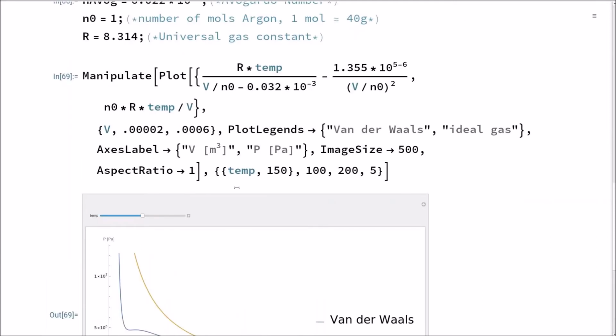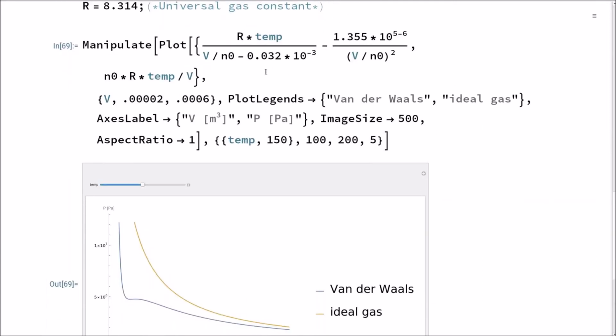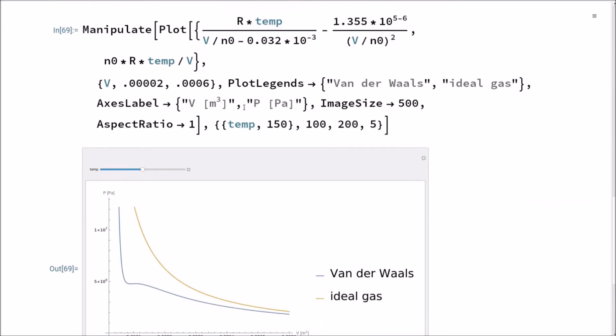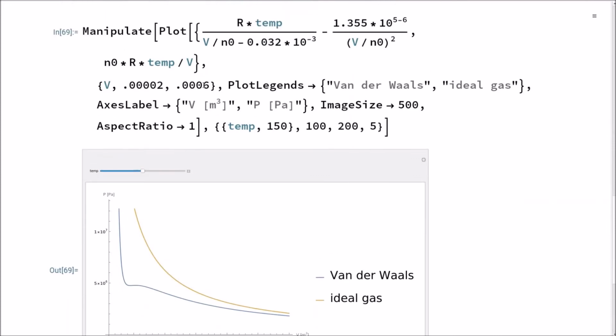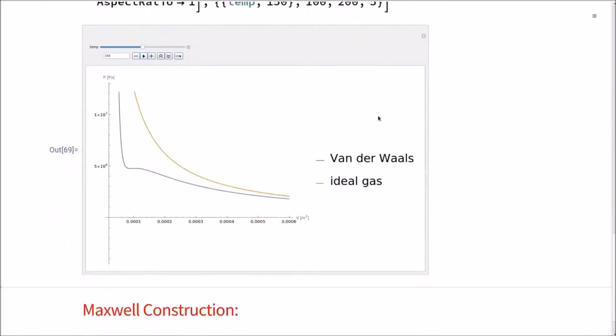So what we are plotting here is the van der Waals equation of state. So this is the blue line, and comparing it to the ideal gas, which is the trivial solution. So if we neglect all correlations or interactions, we get the ideal gas. And here we have a manipulate plot, and we see we are immediately here at the critical point.